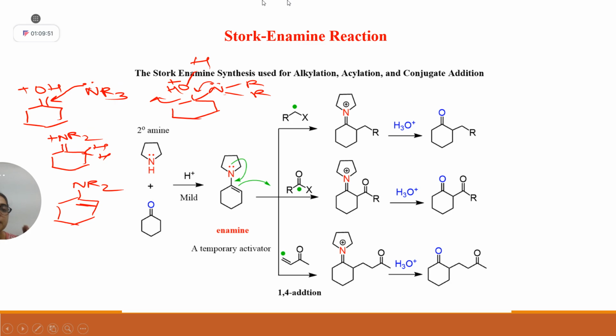If not, let me make you understand again. First, this acid will activate your carbonyl. That carbonyl will be attacked by your nucleophile, that is nitrogen NR3. After nitrogen gets positive charge, that H plus will leave and intramolecular proton transfer onto oxygen will come. Nitrogen lone pair will push and remove this H2O, resulting in formation of iminium and then subsequent transformation into enamine.